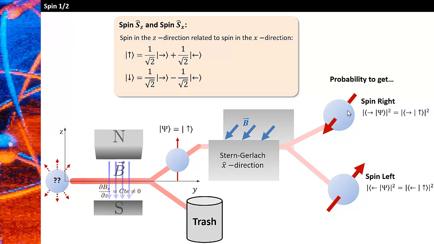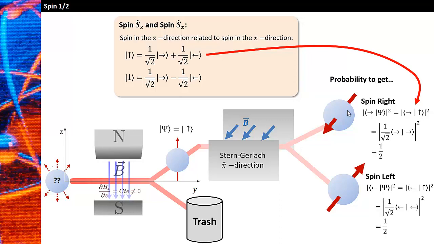And so in taking this inner product, we want to insert this up ket in terms of right and left, and then we can just look at the inner product between right and left and use the fact that the right ket and the left ket are orthogonal to each other. And so we only get a term where we get a right and a right here for spin right. And that tells us our probability to get spin right in this case is 1/2.